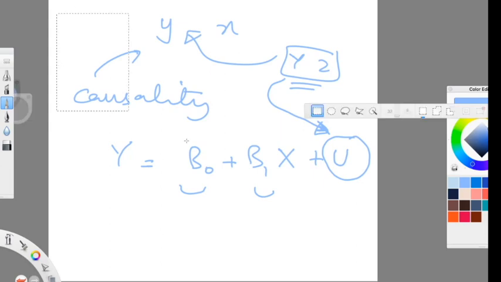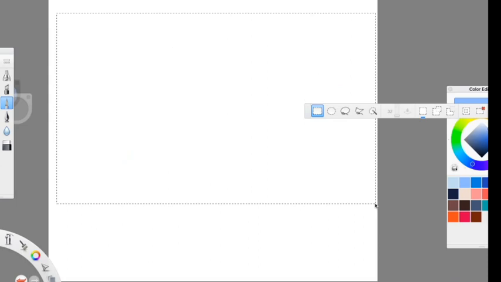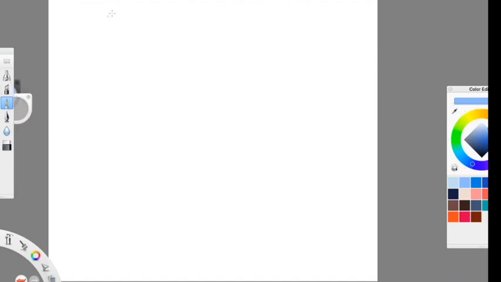So starting off with this simple linear regression, there are a couple of assumptions that we need to make. So what are these assumptions? Let me write down the linear regression model again, which looks like y is equal to beta naught plus beta 1 x plus mu.